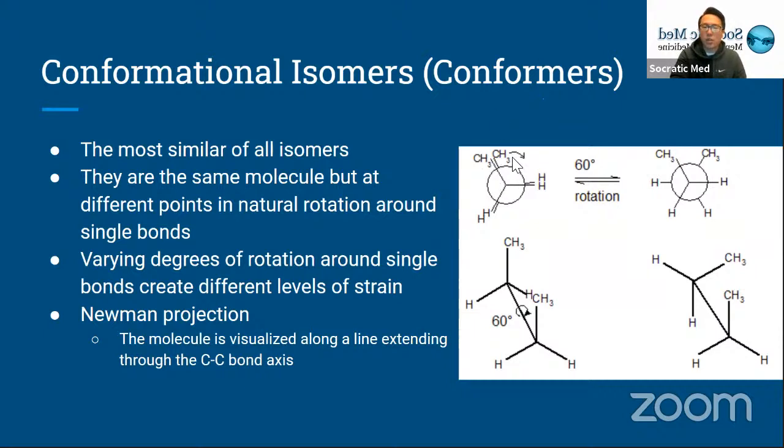And this is done to show how the three substituents connected to the carbon-carbon bond stack up to each other and how they look as the bond rotates. On the top left molecule, you can see the substituents are on top of each other.